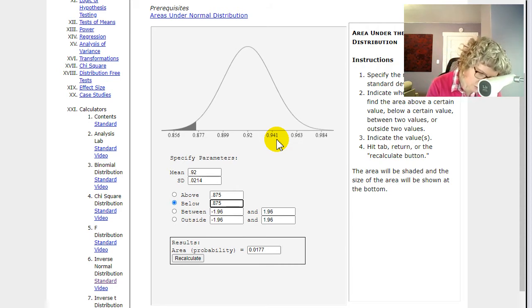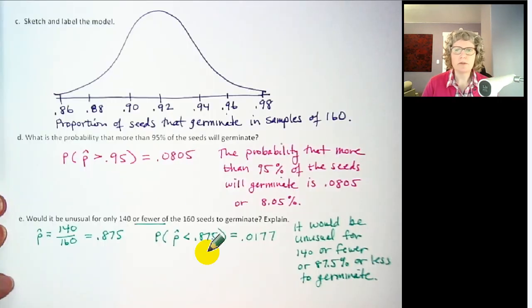So this would be unusual for 140 or fewer, or 87.5% or less to germinate. It would be unusual for 140 or fewer, which is also 87.5% or less, to germinate.